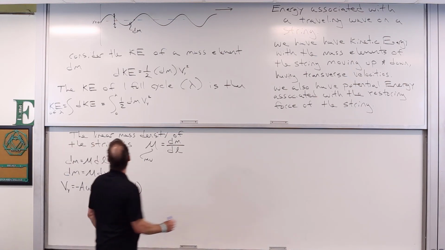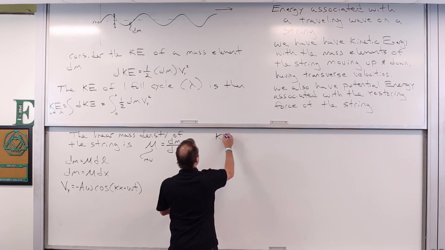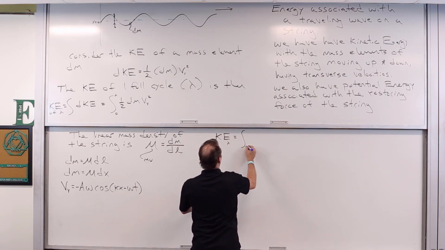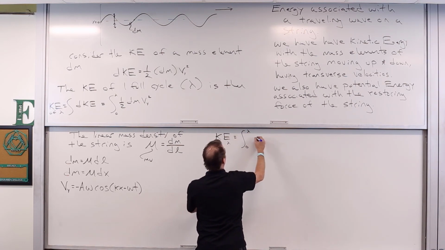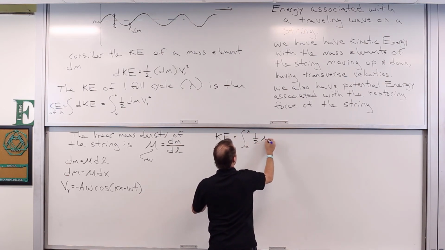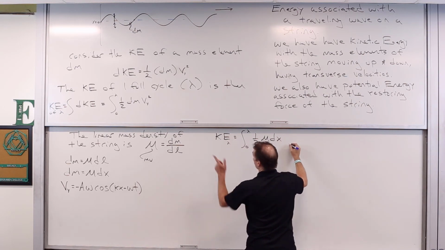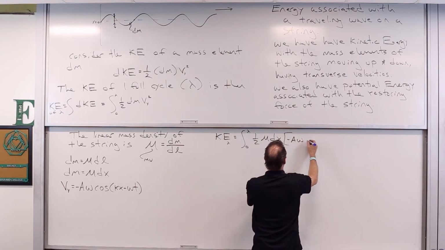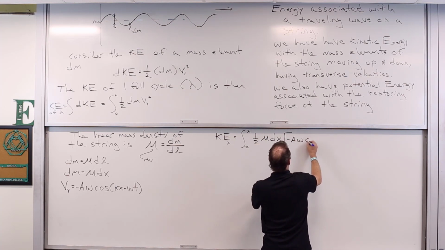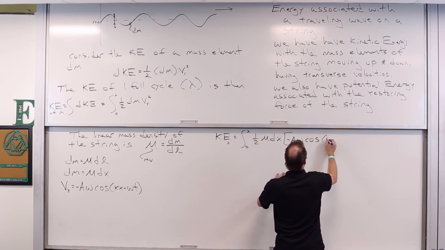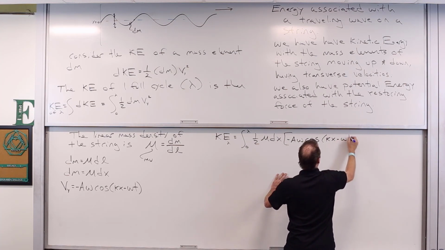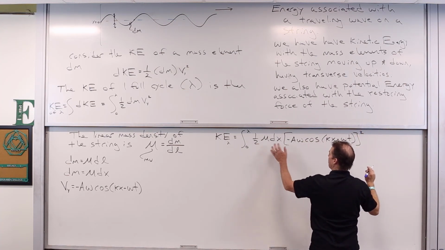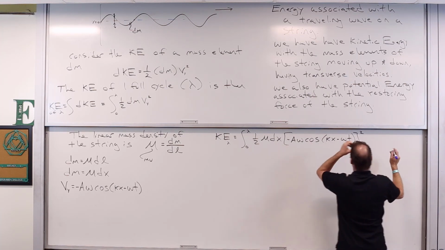So when we do this, Ke sub lambda is going to be equal to the integral over one wavelength of 1/2 mu dx multiplied by negative a omega cosine of kx minus omega t, quantity squared, 1/2 m v squared.